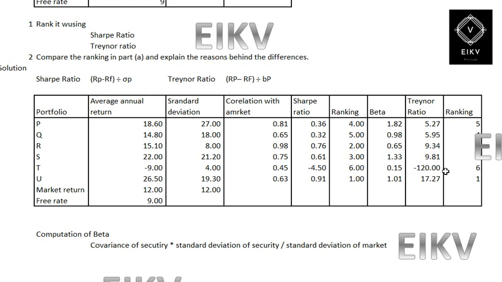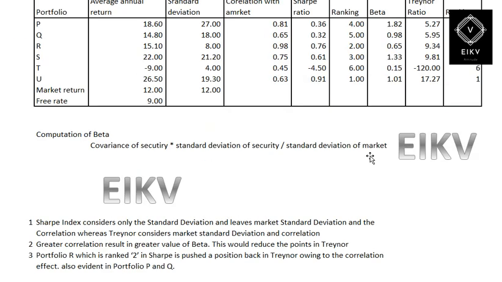In the same way, we need to compute the entire thing, and then after doing the Treynor ratio we need to check which one is the highest, and the highest one would be ranked first, and so on. So the ranking would be 5, 4, 2, 3, 6 and 1.